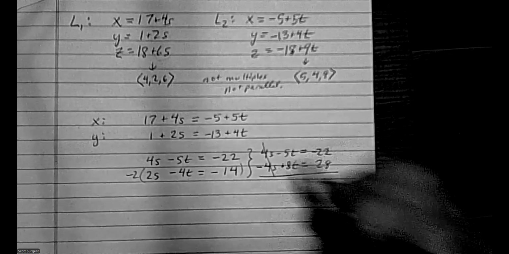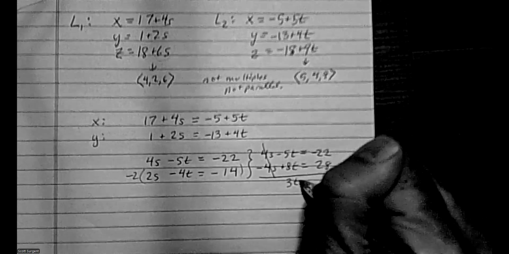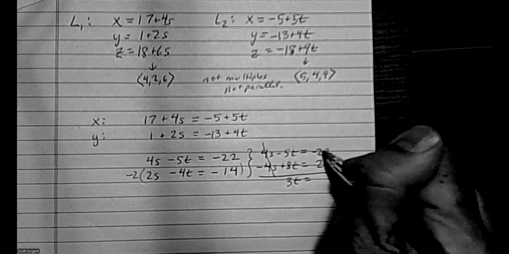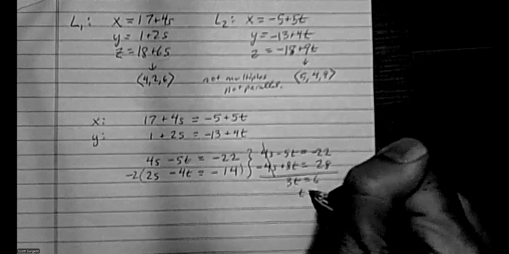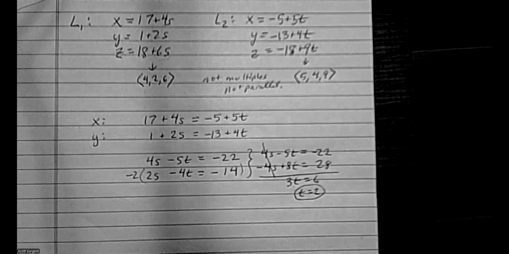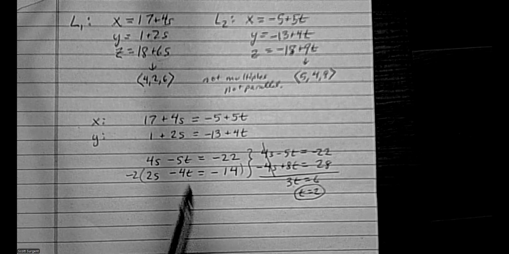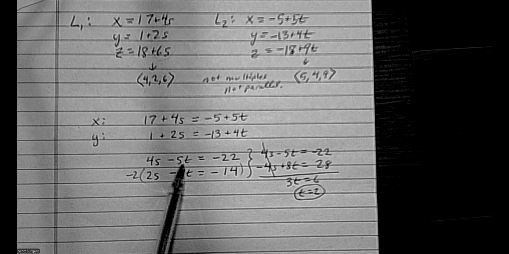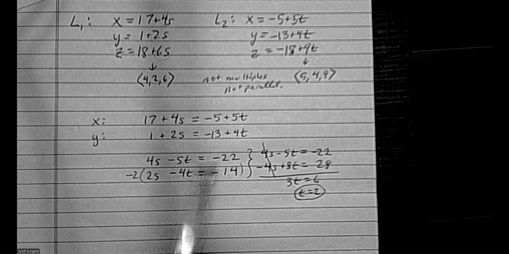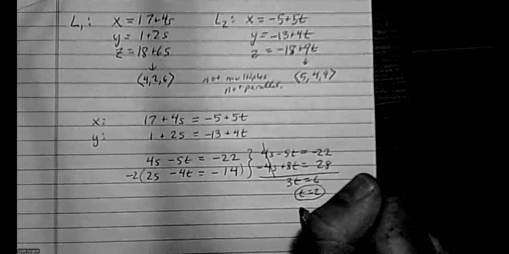So the s's cancel, I've got 3t equals 6, so t is 2. Then when I work backwards to get s, if t is 2, that would be plus 10, so 4s equals negative 12. So s should be negative 3.